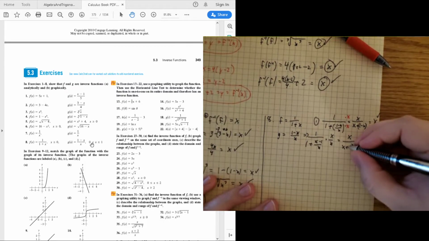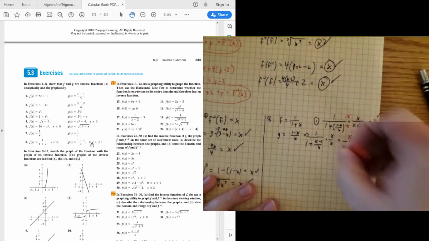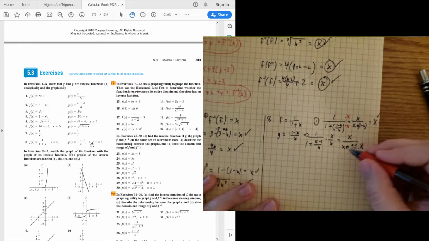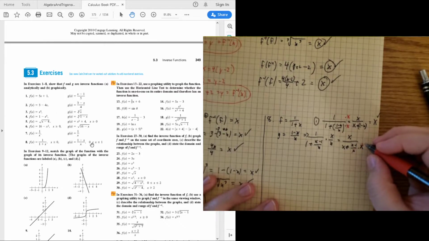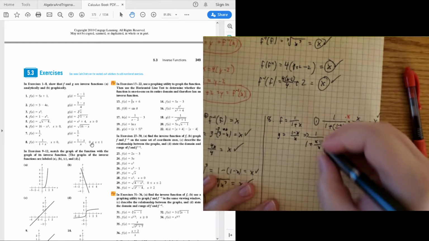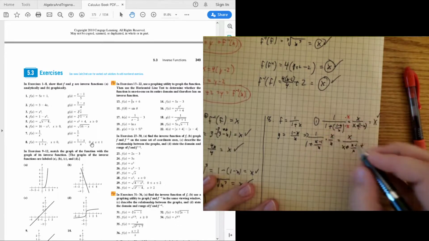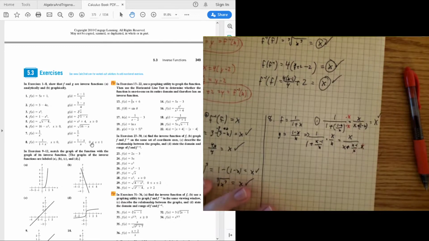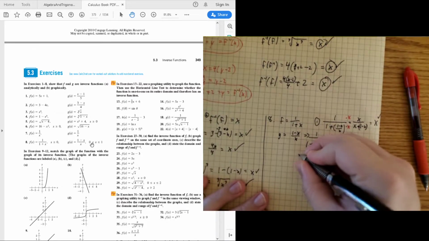Remember, we got to distribute to both terms. The x and the x on top and bottom are going to cancel, leaving just x minus 1. Sorry, should be 1 minus x. I made a mistake right there, but I hope you see where this piece comes from and how it works itself out. Let's look at the second piece.